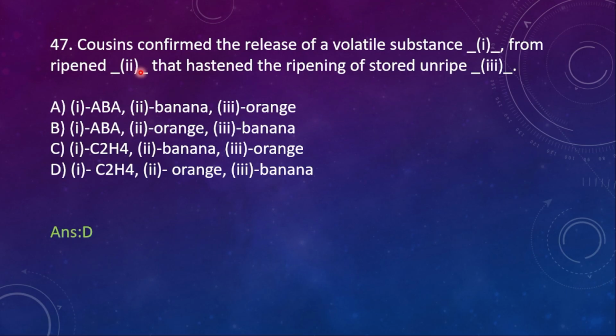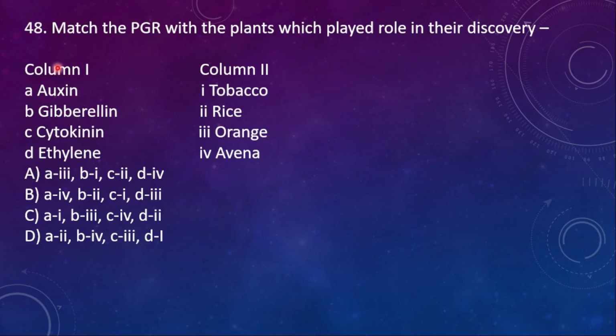So here the right option is option D. 48, column 1 with column 2, PGRs are given and then which played role in their discovery.